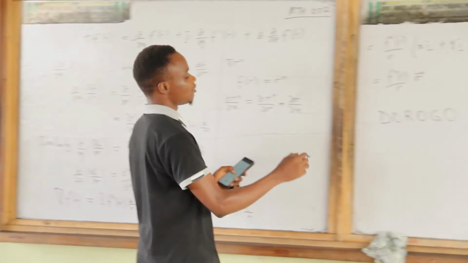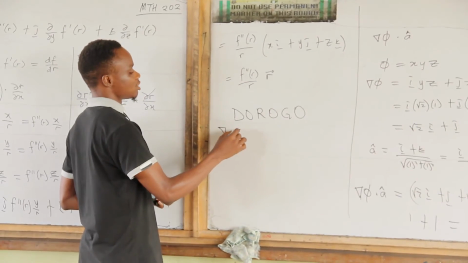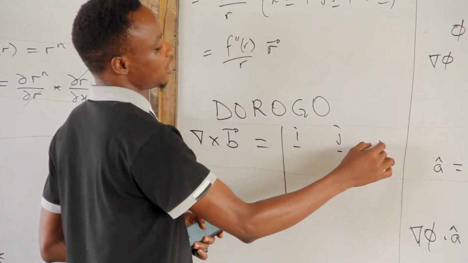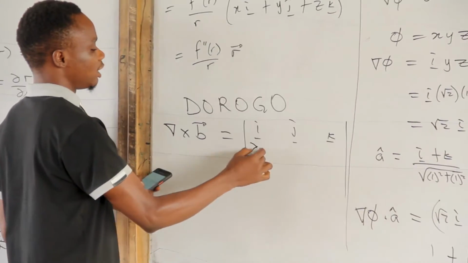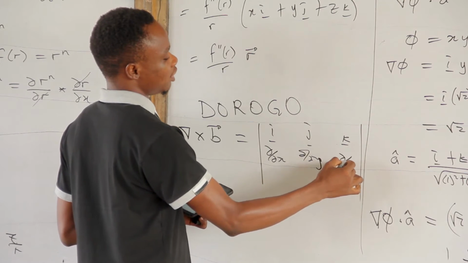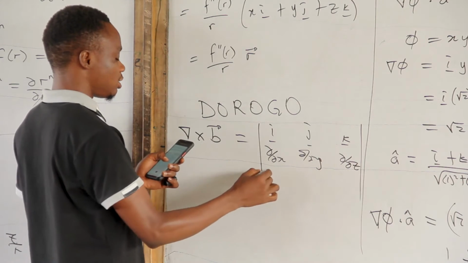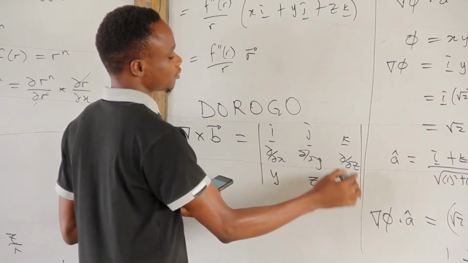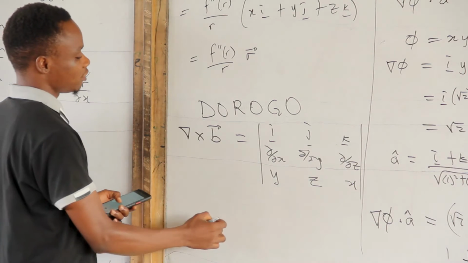Can you take the curl of vector B? What does it give you? Curl of vector B, nabla cross B. This is going to be the determinant with i, j, k, del x, del y, del z. Vector B is y, z, x. Is it clear? So this is going to give us what?